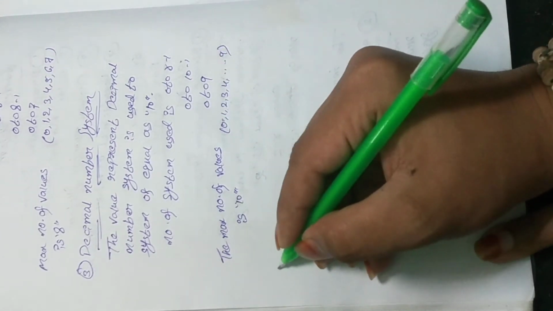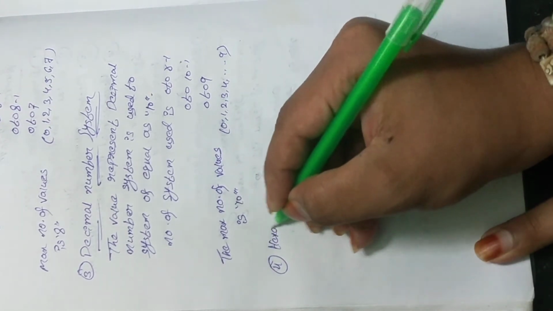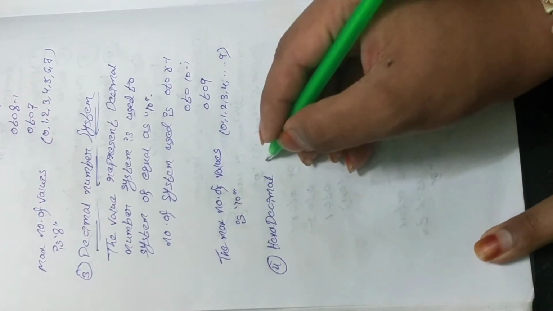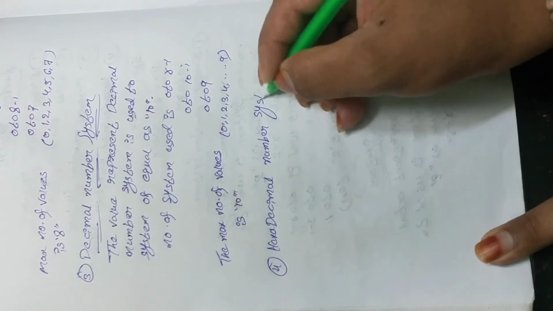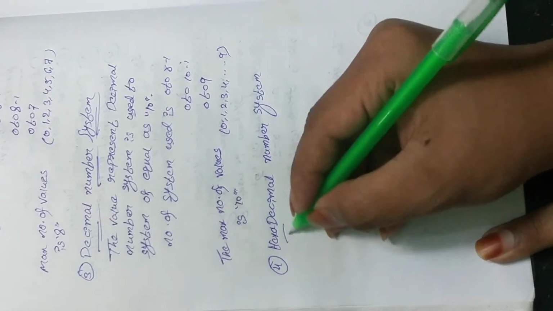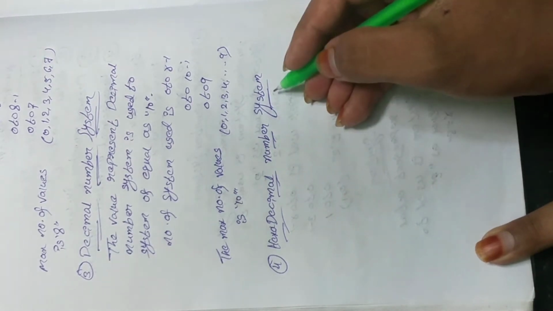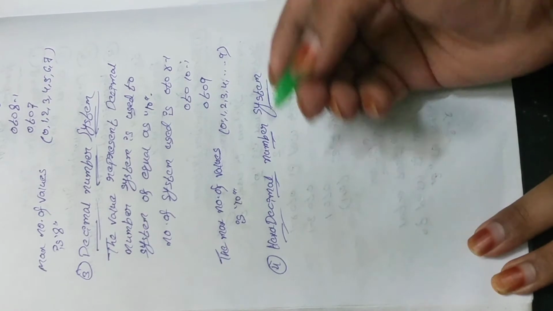Finally fourth one, hexadecimal number system. In the hexadecimal number system, the maximum number of values is 16.